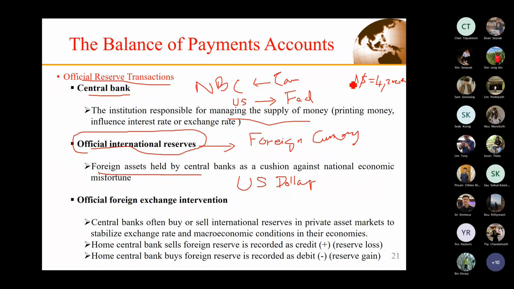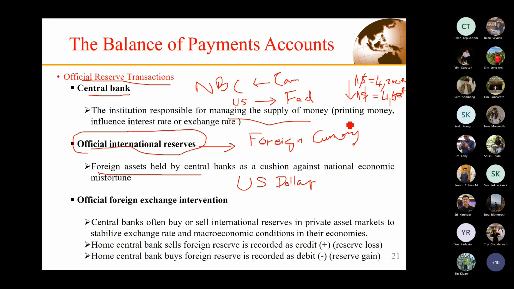But let's say that the central bank wants to make the dollar cheaper. Let's say it wants $1 to be 4,000 riel. So how could it do it? One way is to sell the US dollar reserve.